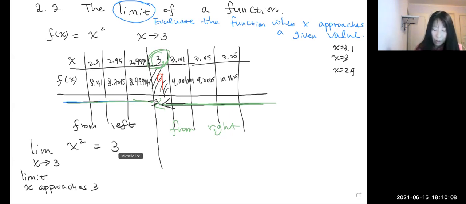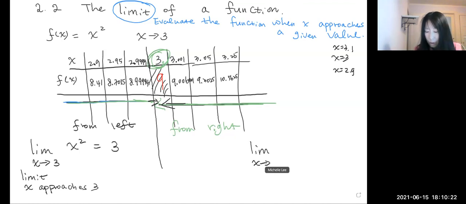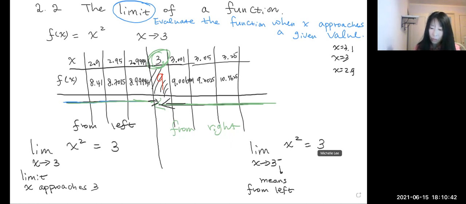Okay, let us check that from the left. x approaches 3 from the left, we denote like this. So it means from the left. So the function x squared gives us 9.